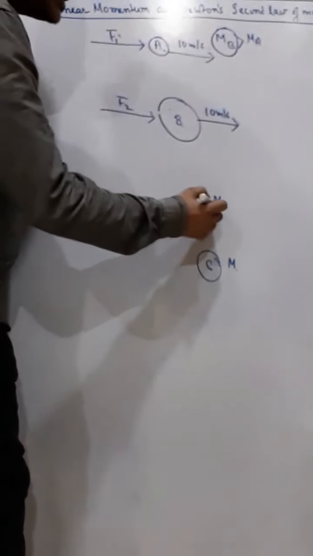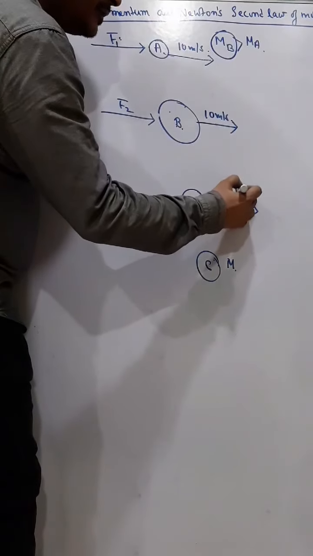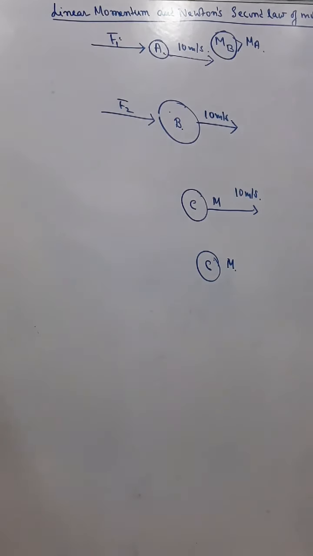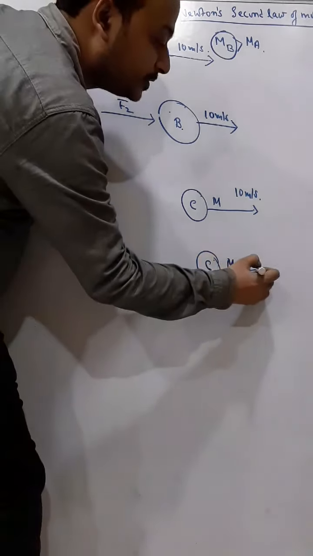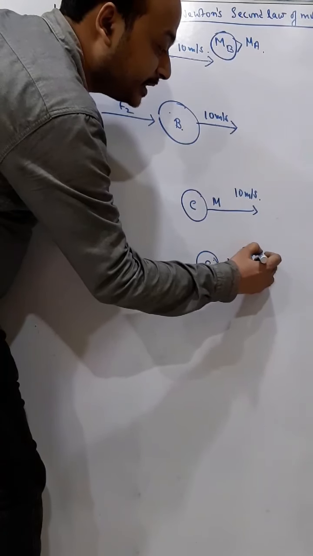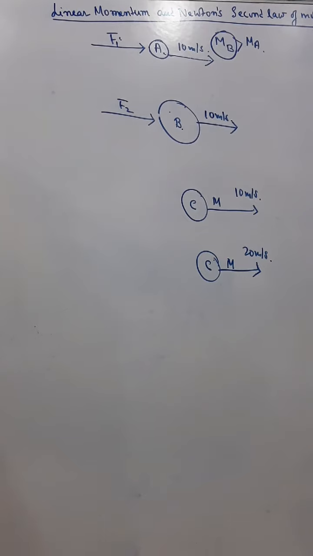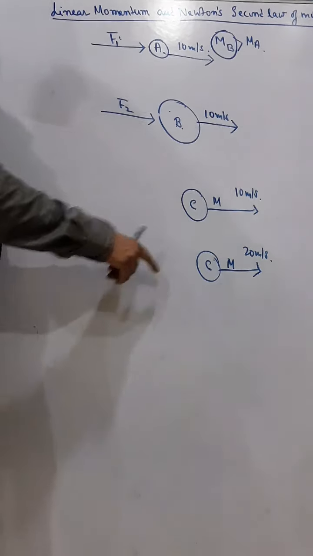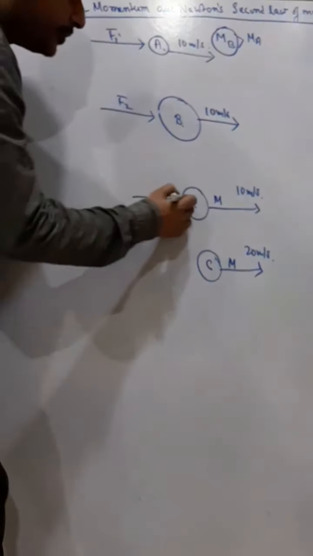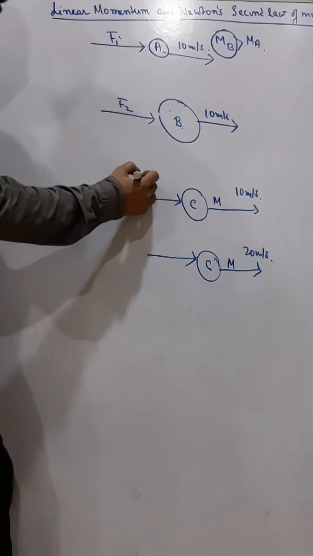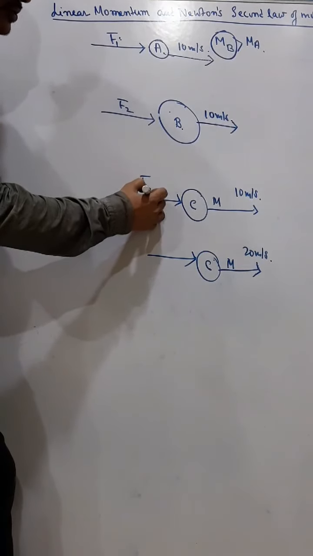In the first case, I want the body to move with a velocity of 10 meter per second. And in the second case, I need to move the body with a greater speed, say 20 meter per second. So in this case also you can understand that you require two different forces.